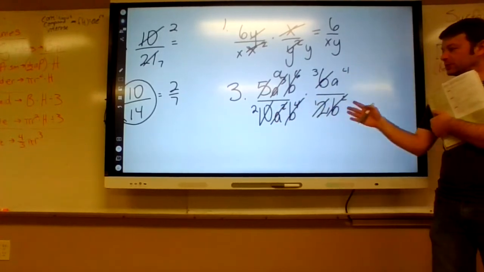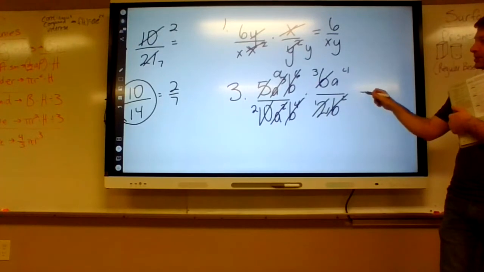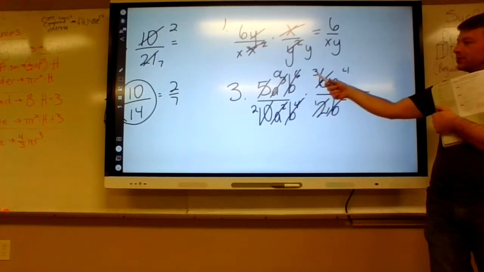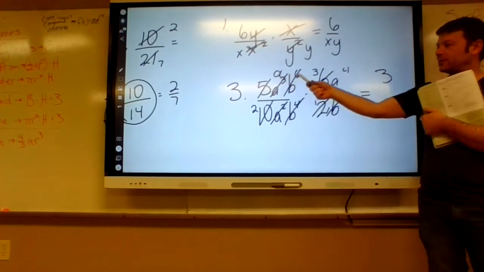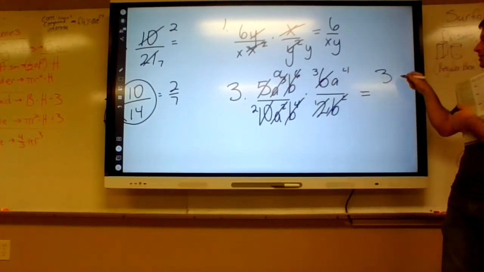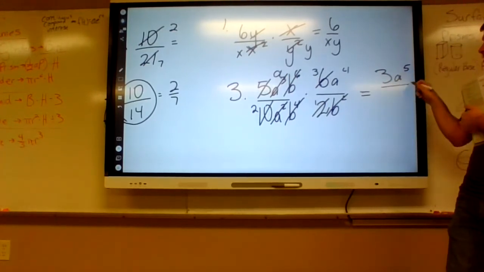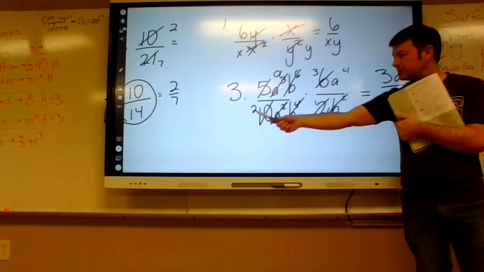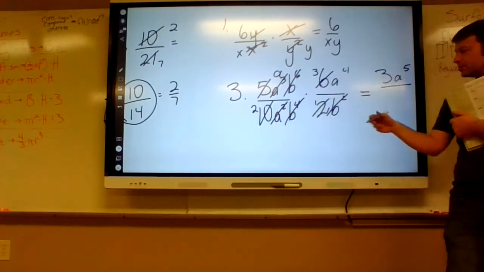So what do I have left on top? I see a 3. How many A's do we have? A to the fifth. What do I have on bottom? Not much, just a 2.